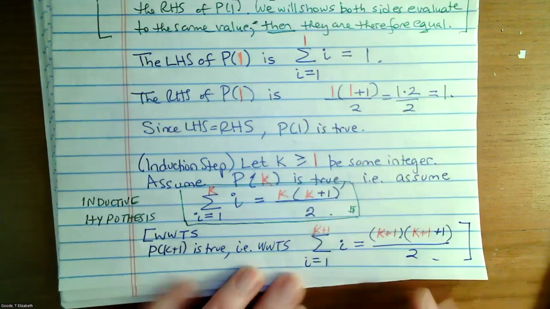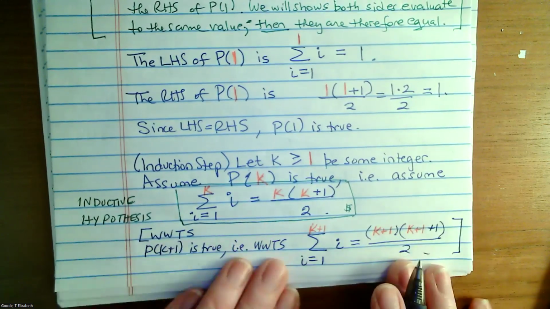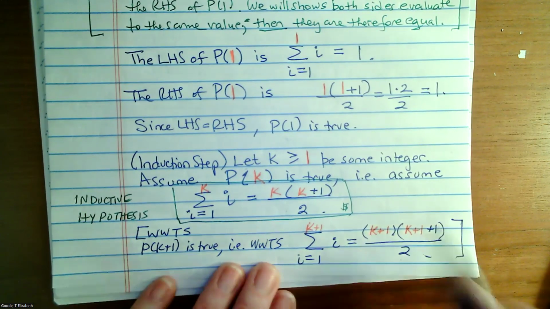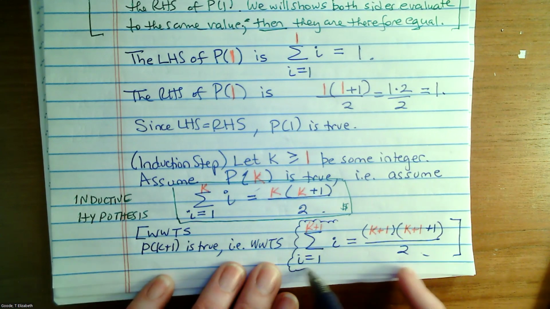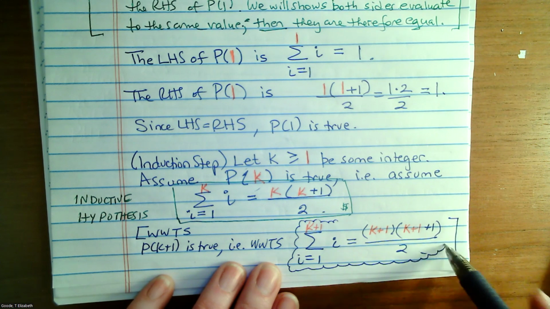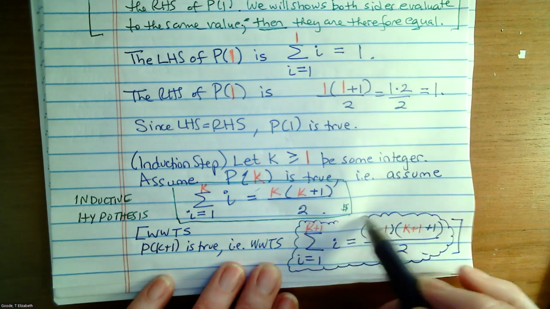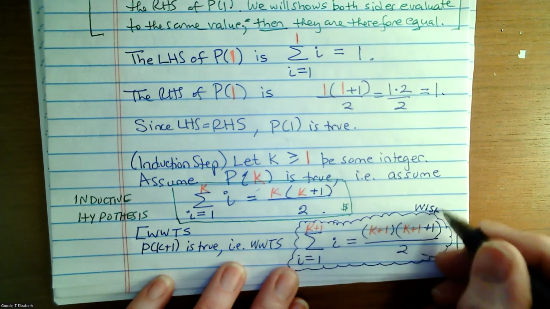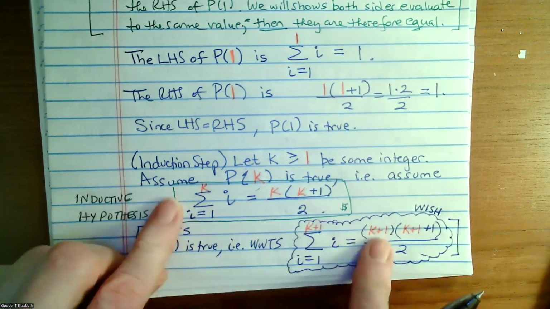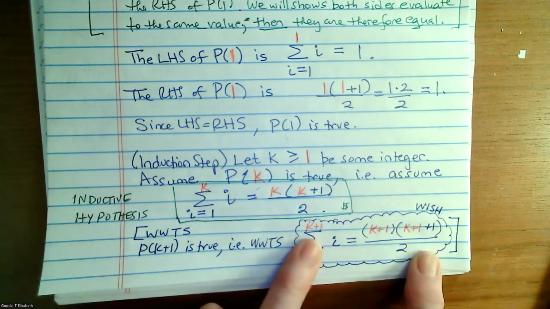That's our wish. And so that I don't mistake the wish for the proof money, I'm going to put a dreamy wish cloud around it, just because my eye will settle on the wrong thing and I'll accidentally assume this when I can't. So this just keeps me visually sorted. This is our money. This is our wish.